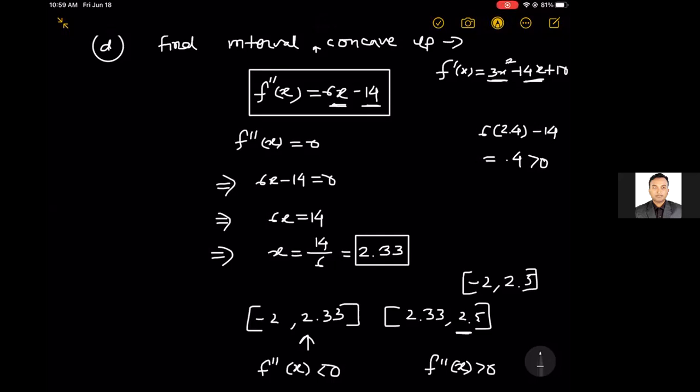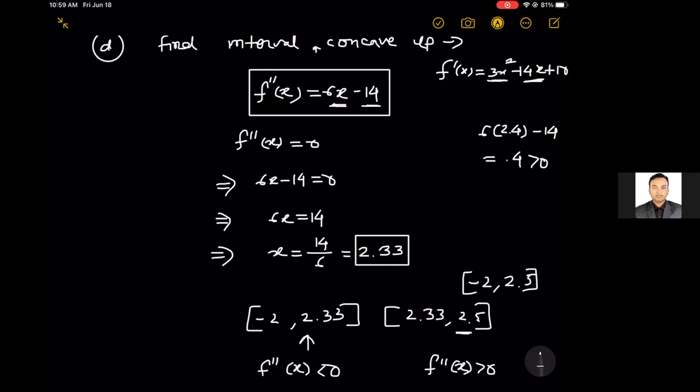I can iterate the statement again if you want. If the second derivative is positive on an interval, then we say our function is concave up on that particular interval, and vice versa for concave down.